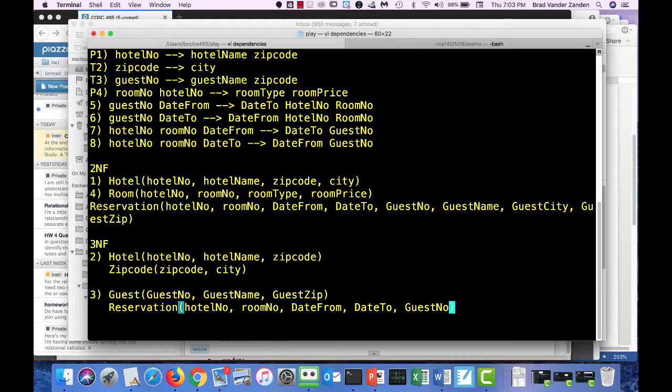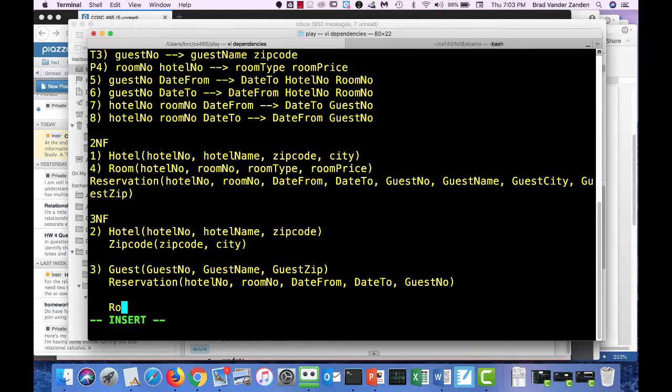So we are left with these relations, and nothing happened to the room relation. So it still has hotel number, room number, room type, room price. It was unaffected. It was already in third normal form. So these 5 relations comprise our third normal form relations.